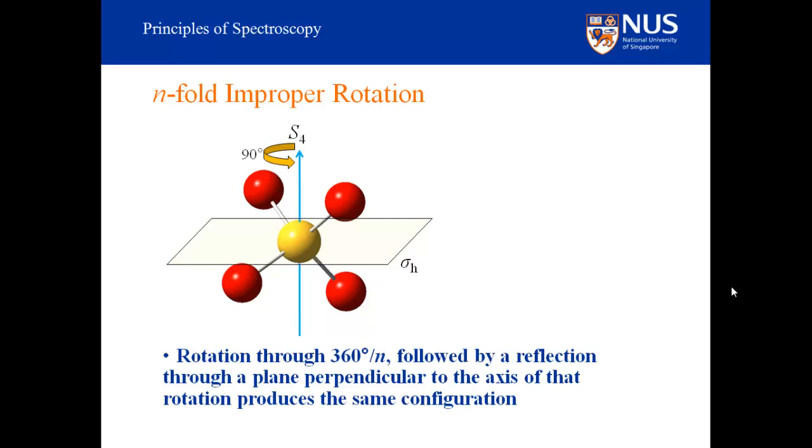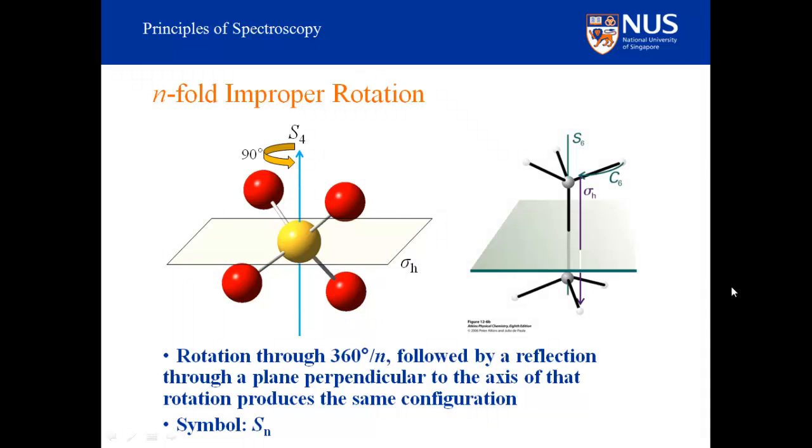So an S4 axis is where I rotate through 360 degrees divided by 4, so I rotate by 90 degrees, and then I follow that by a reflection in the perpendicular mirror plane. So that is the S4 axis. Improper rotation axes have the symbol S sub n. Note that ethane, for instance, has an S6 improper rotation axis.